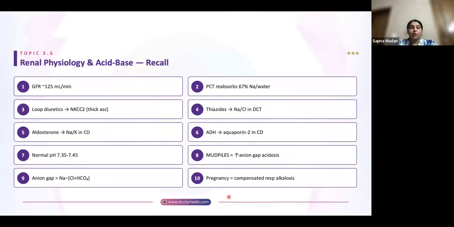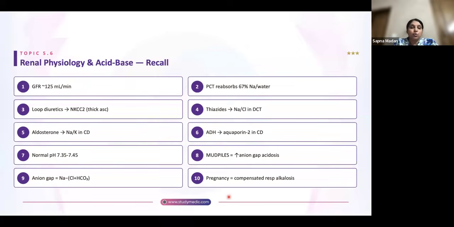Okay, just recalling what we just discussed. Normal GFR is 125 milliliters per minute. The proximal convoluted tubule will reabsorb 67% of the electrolytes and most of the sodium and water.